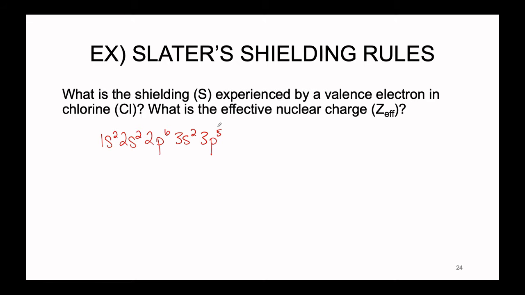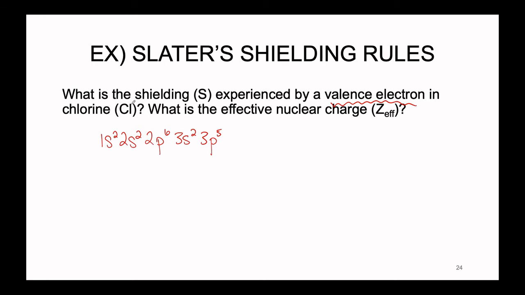All right, so what does it mean to pick out your electron of interest? Well, we are looking at a valence electron in chlorine, and most notably, we are going to be looking at the subshell that was the most recently filled.